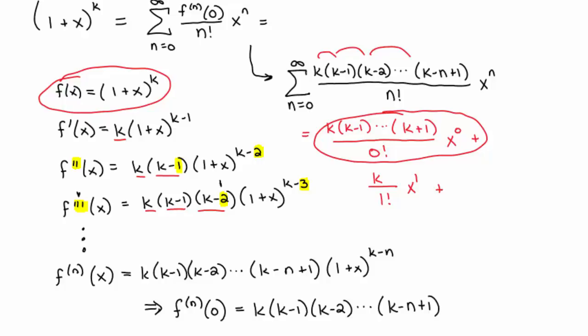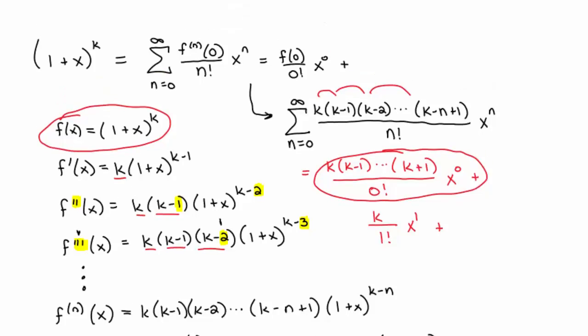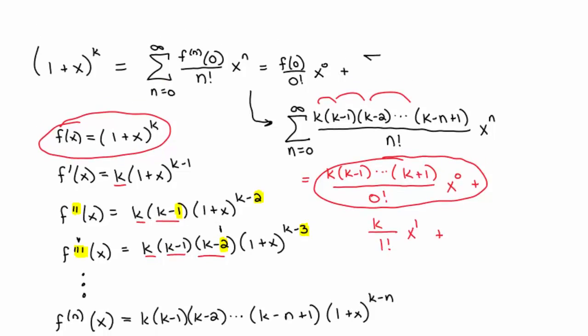So in other words, let n equal 0, and you'll just get f of 0 divided by 0 factorial times x to the 0th plus, move that down a little bit, a summation starting at 1 going to infinity of this notation here, k times k minus 1 times ... down the line to k minus n plus 1, all over n factorial x to the n. That would save so much frustration from the student's standpoint.